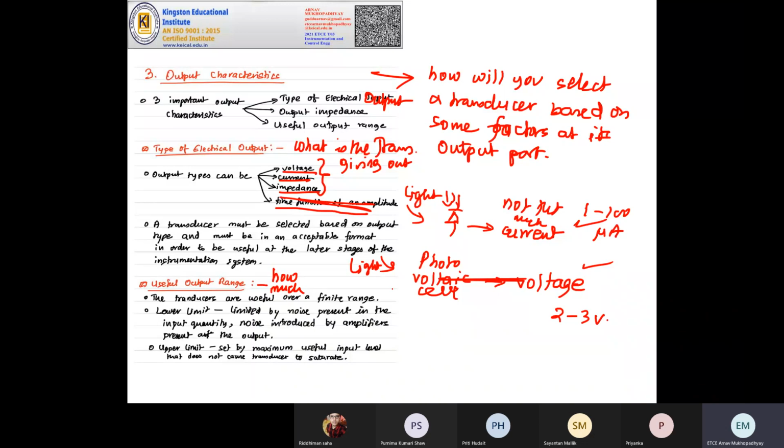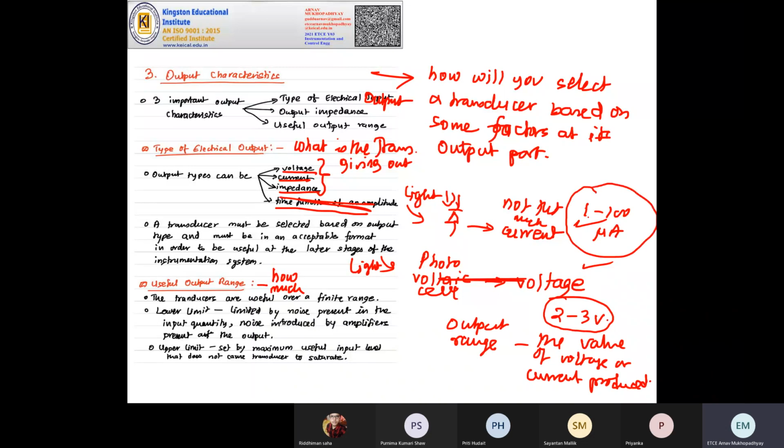So these are the output range, the value of voltage or current produced. If you want a high voltage output, you can select a photovoltaic cell. But if you can use amplifiers and extra components, and you don't have a requirement for high current value, then you can select a photodiode.